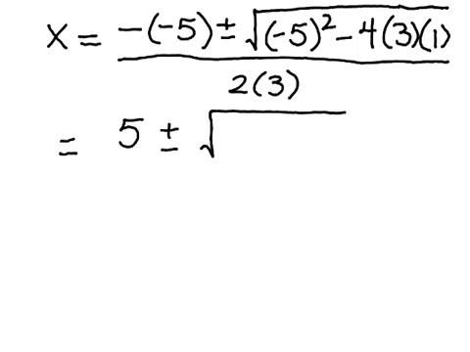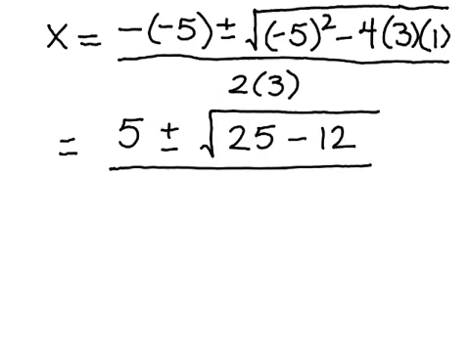Now we'll start simplifying the stuff inside the radical. Negative 5 squared is going to be positive 25. We want that to be minus, we have 4 times 3 times 1, which is 12. That whole amount over 2 times 3, which is 6.